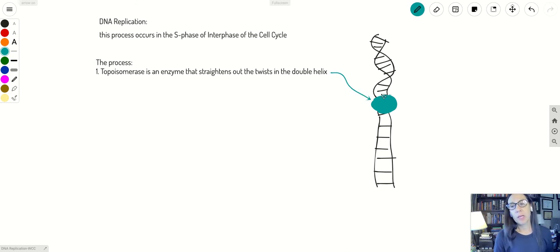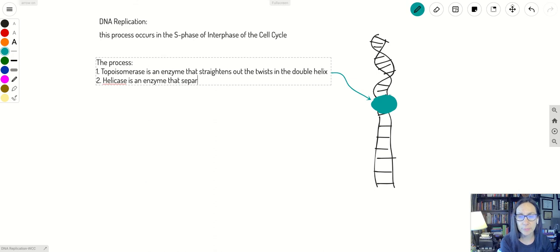Okay, so then now that the DNA is straight, then the next enzyme comes in, and that next enzyme is called helicase. And helicase then splits the 2 strands apart. So step number 2 is helicase is an enzyme that separates the 2 strands.